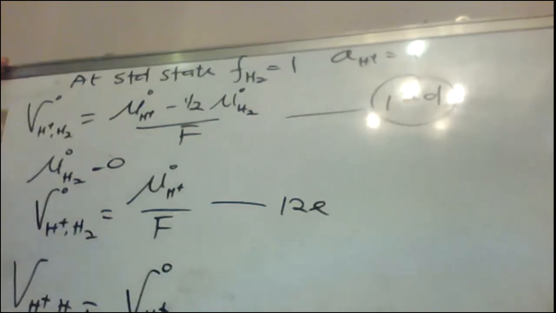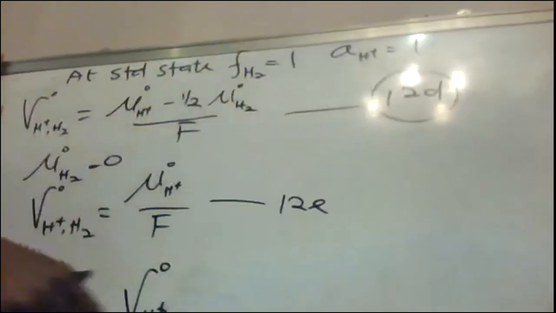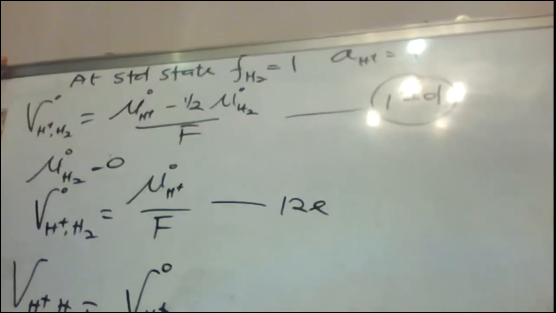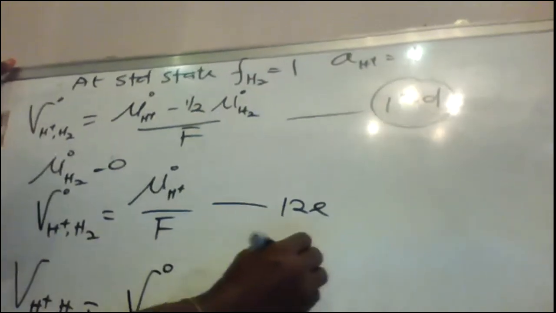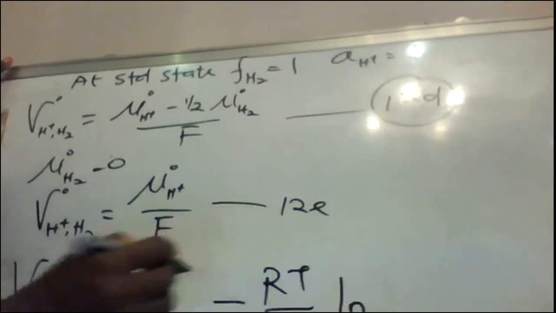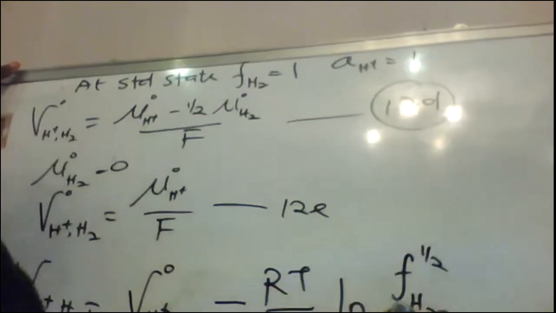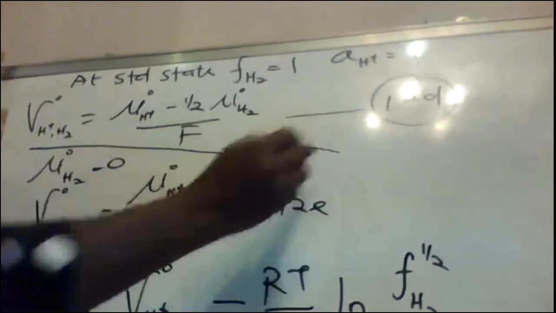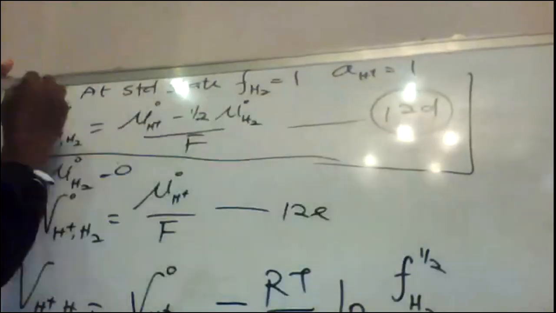So the equation you read out was the whole of this minus RT over F ln F half over a H plus. So I'm going to write it as minus RT over F ln of the fugacity of the hydrogen over the activity of the hydrogen plus. Here is your standard EMF, the standard potential of the hydrogen.